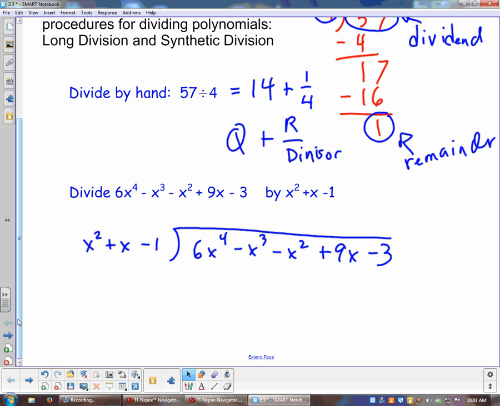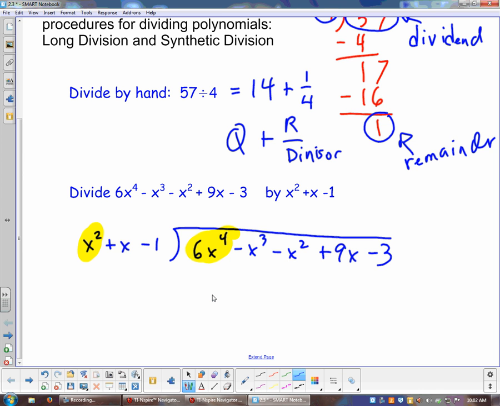Here's the process. You're going to focus just on the leading term of the divisor and the leading term of the dividend. All right, just focus on those for right now.